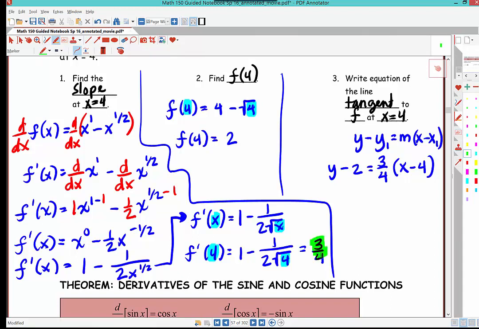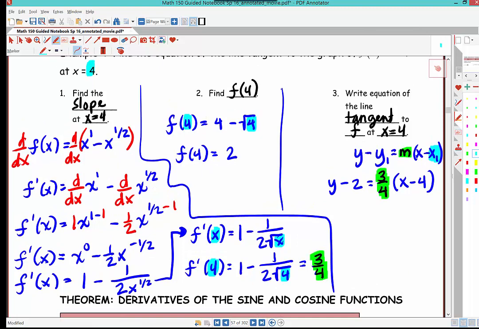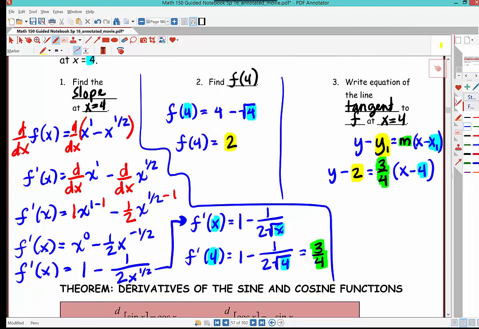Our slope we found to be 3/4, right? And our x value was given as 4 in the problem. Our y value we found to be 2 when x is 4. And so there it all is. How you feeling? Awesome.